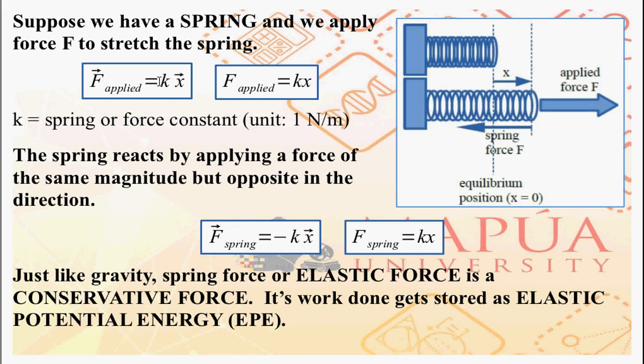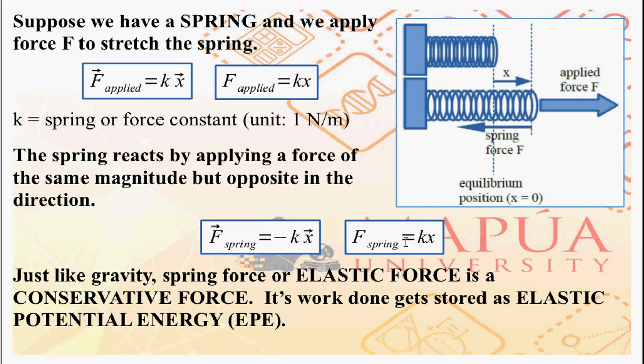So positive Kx, opposite of that is negative Kx. The spring will apply a force in the opposite direction. You have spring force F equal to negative Kx. Magnitude, of course, is always positive, so magnitude of the spring force is just K times distance X.